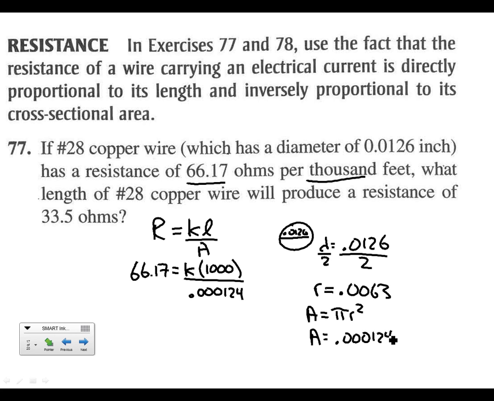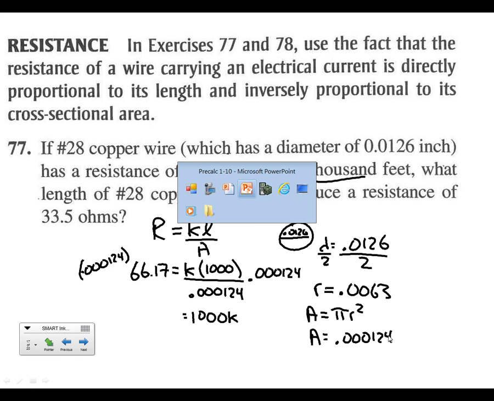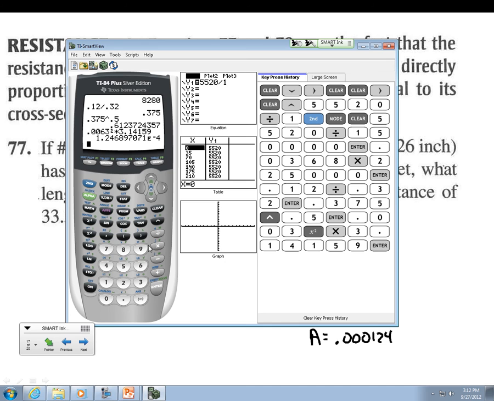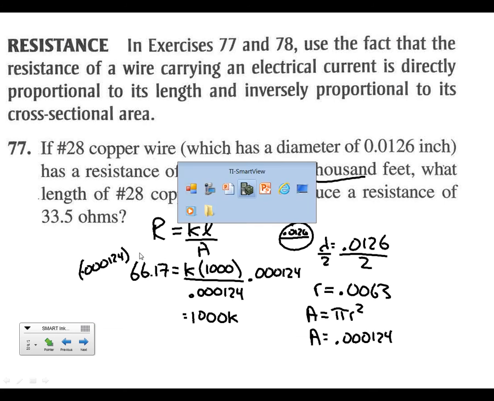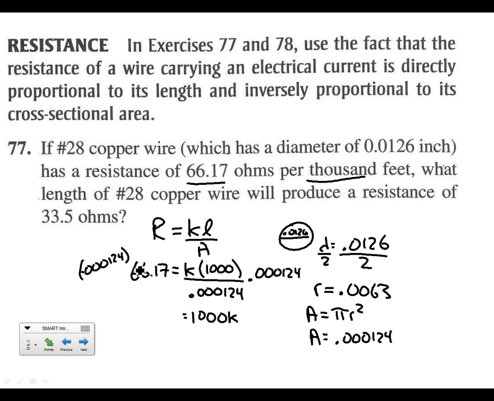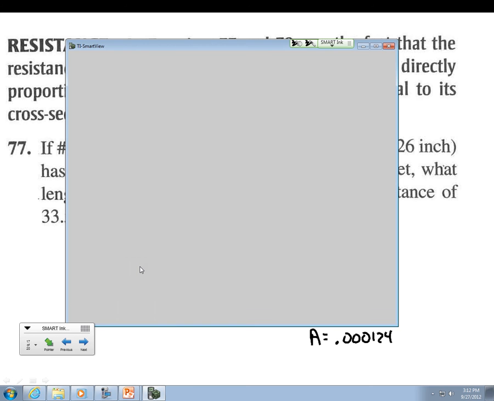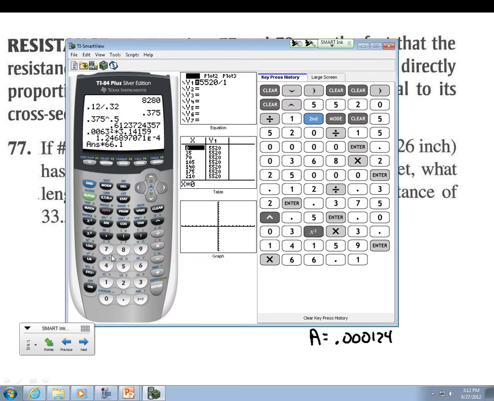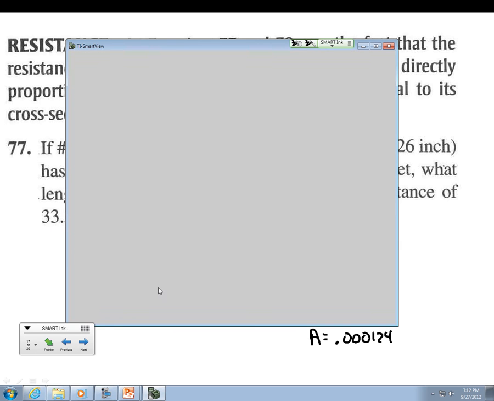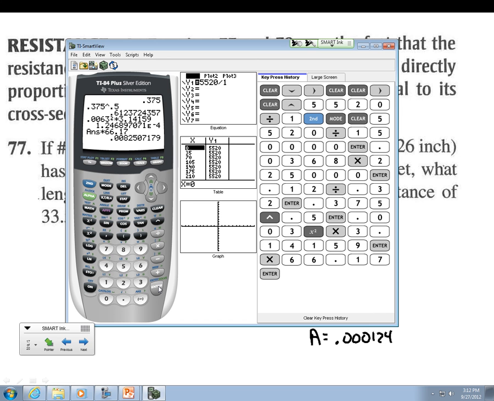And we'll go ahead and solve for K. So we'll multiply both sides by 124. And so 1,000 K equals 0.0083.